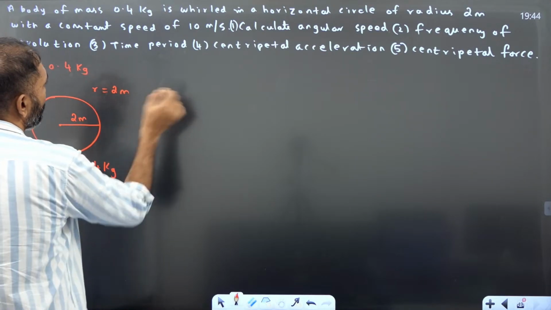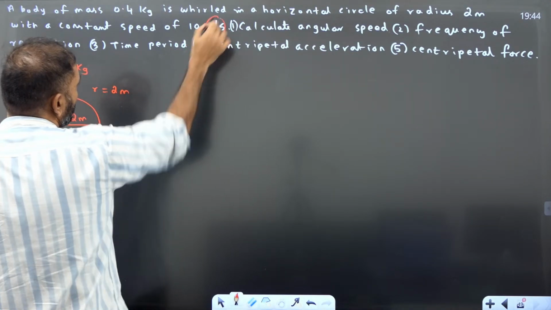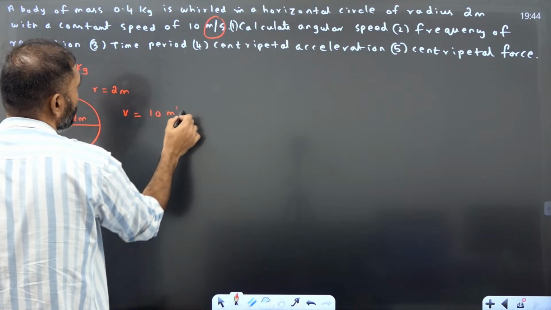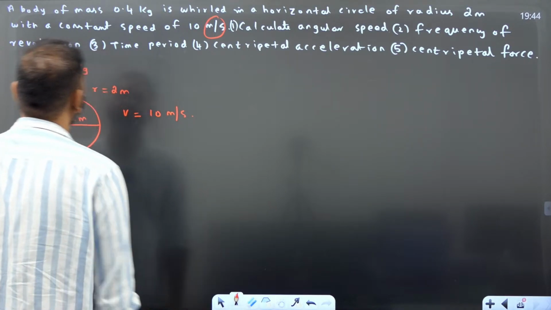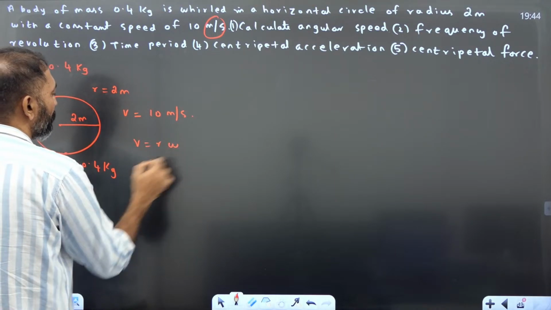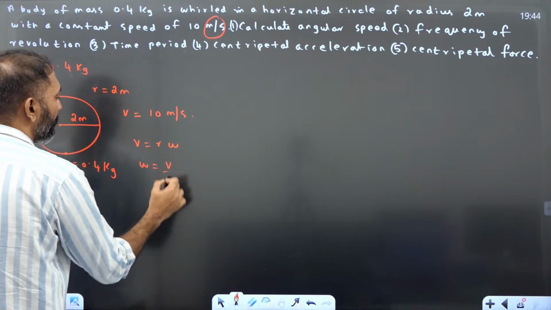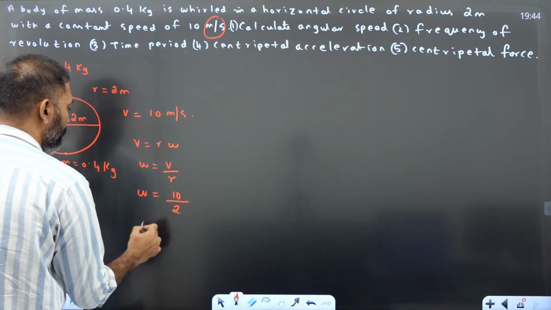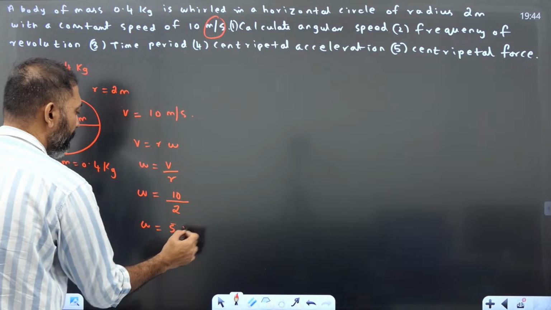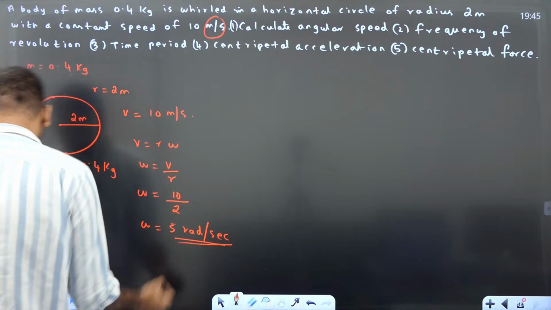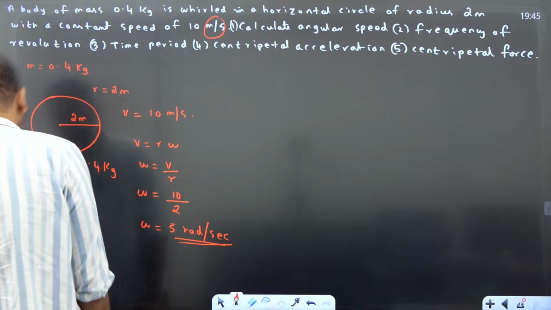What is that speed? It is linear speed, 10 meter per second. Calculate angular speed. What is the equation? V equal to r omega. So omega is equal to V by r, 10 divided by 2. So angular speed is 5 radians per second.